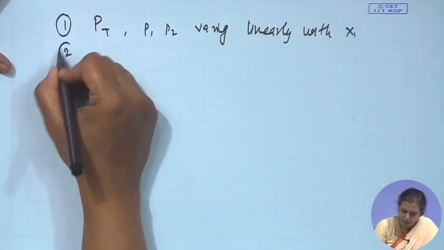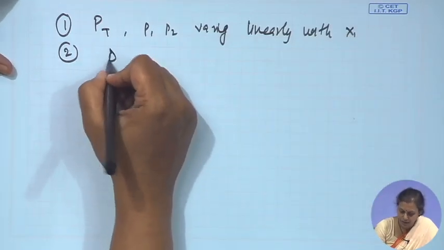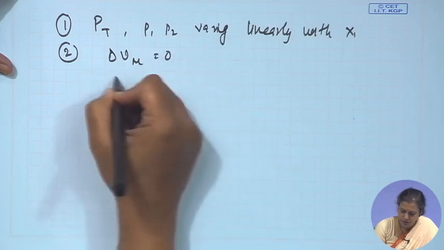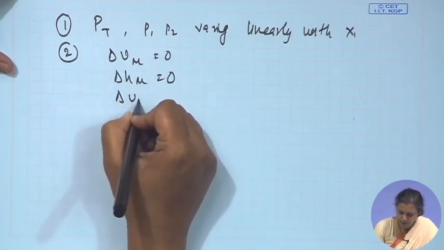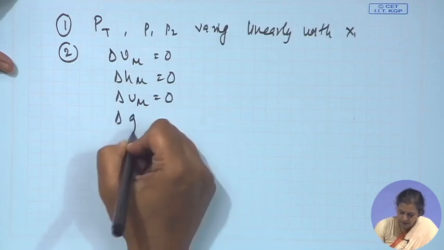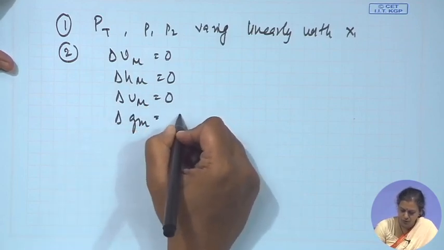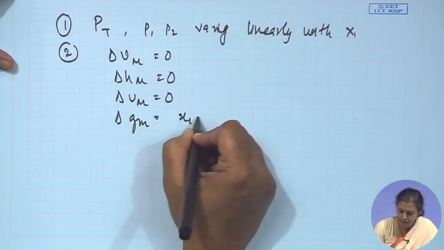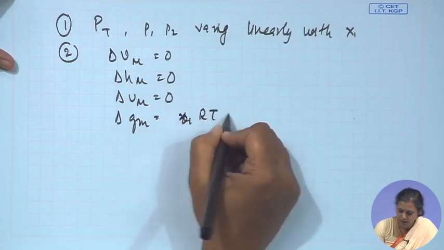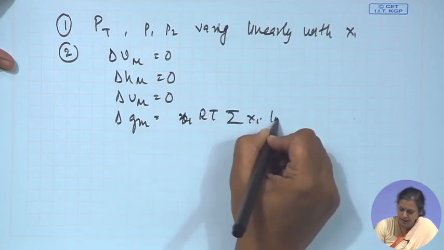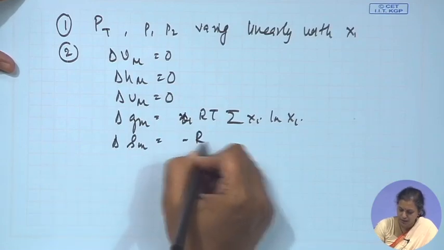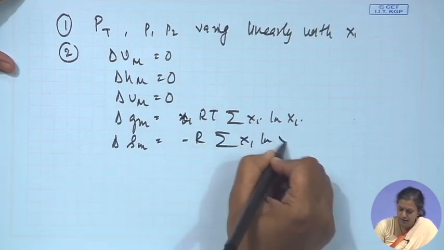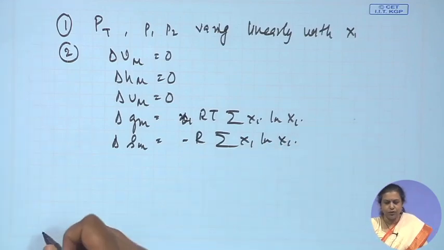Number 2, we have observed that delta Vm equals 0, delta Gm equals RT sigma xi ln xi, and delta Sm equals minus R sigma xi ln xi. These are the things that we observed.